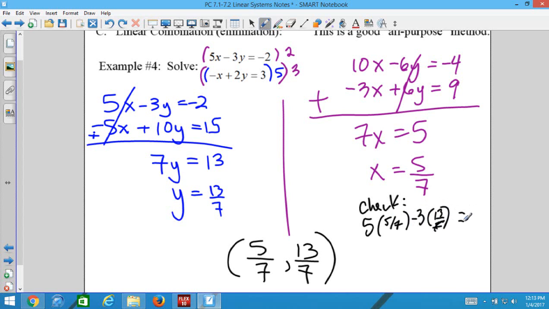And when I hit enter, it equals -2, so I know I did it right. You're more than welcome to do that by hand. And then the second one will be negative 5/7 plus 2 times 13/7, and then you hit enter in your calculator, it should say 3, and then you know you've done it right.